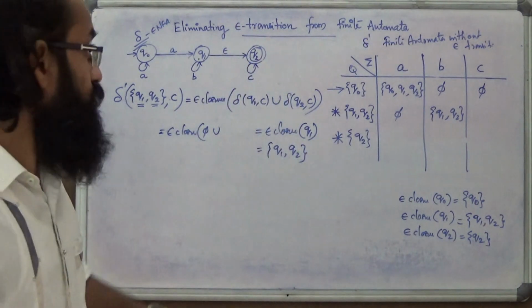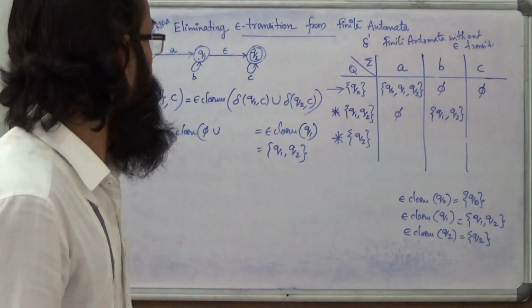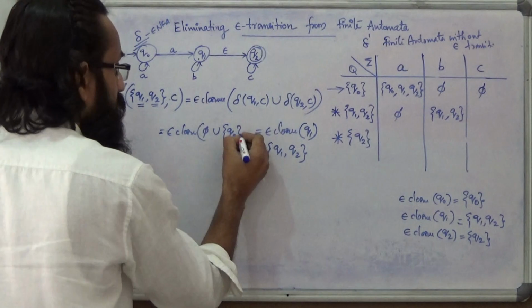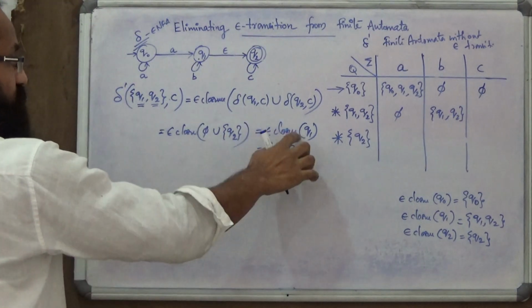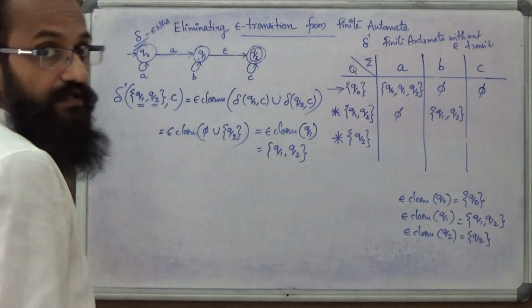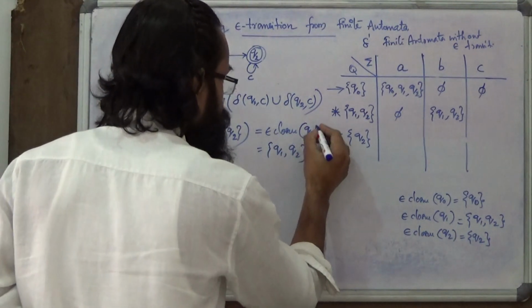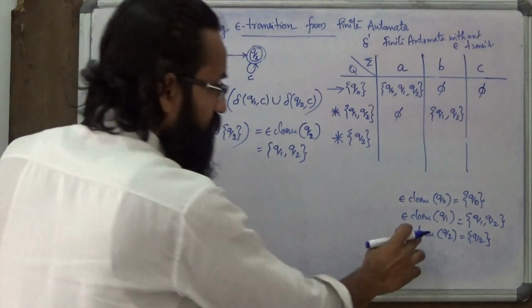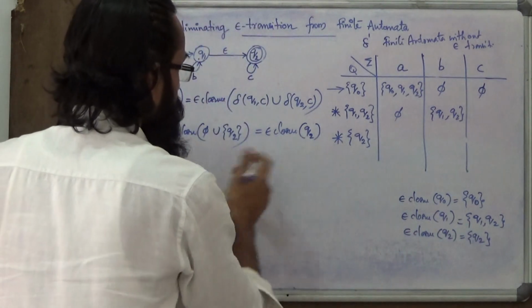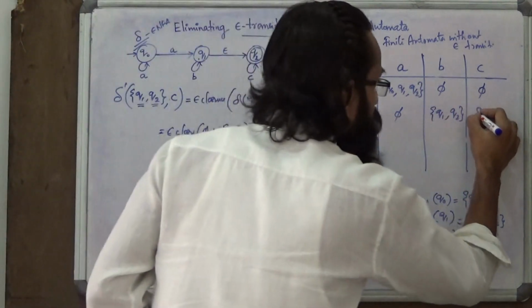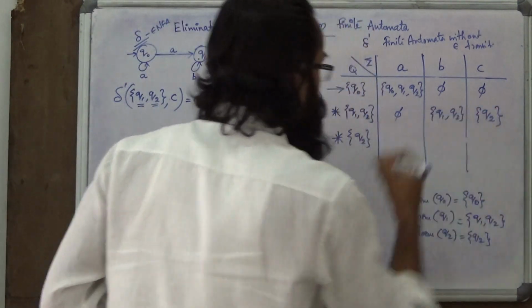To state Q2, if we apply input C, it will remain in the same state Q2. So this will be equal to epsilon closure of null set union set Q2, that is Q2 itself. Epsilon closure of Q2 is the set Q2. So here it will be set Q2.